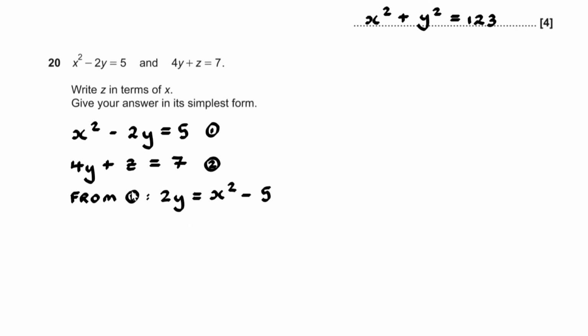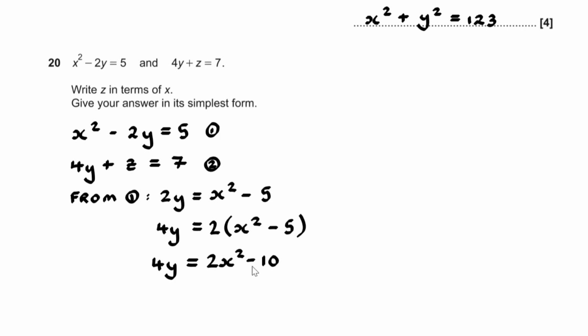And if I double this, then 4y, we'll multiply through by 2. So we have 2 multiplied by x squared subtract 5. So we have 4y equaling 2x squared subtract 10.